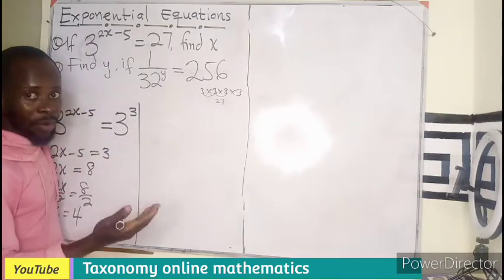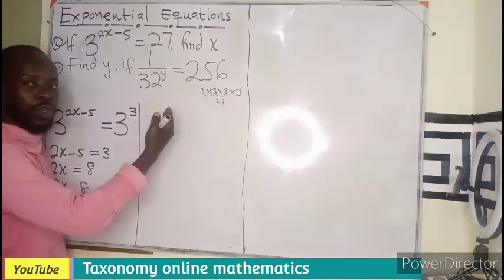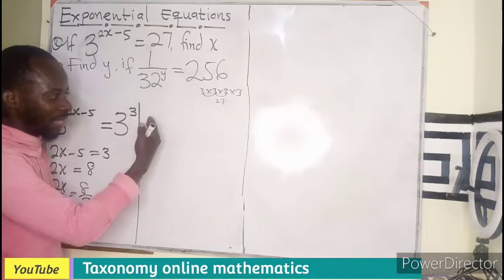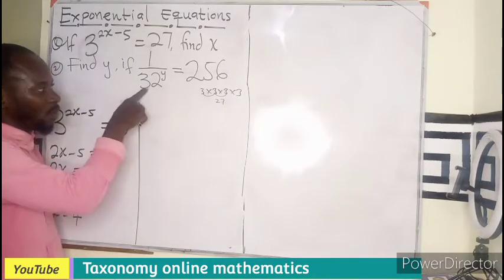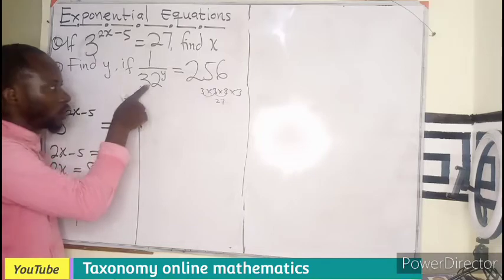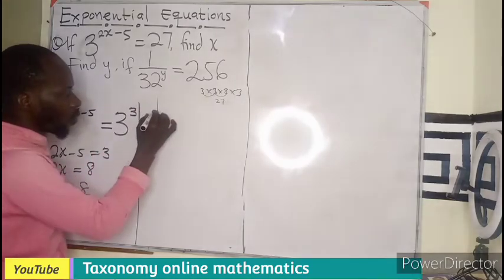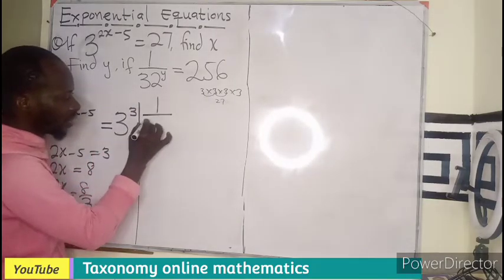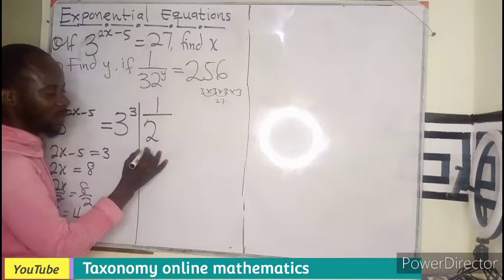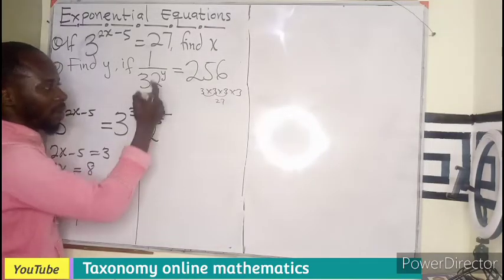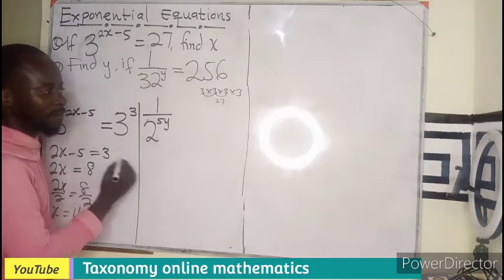We are using prime numbers, so we are going to use 2 as the first number. 2 times 2 5 times will give us 32. So this is going to be 1 over 2 exponent what? 5. There is already y there to multiply.